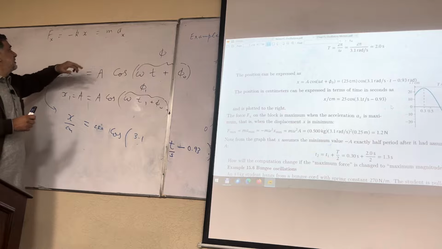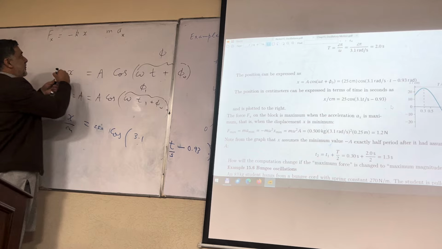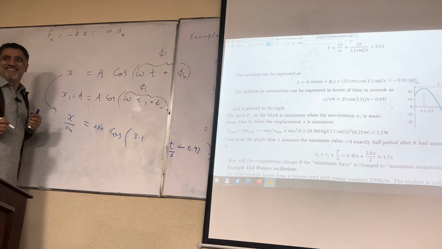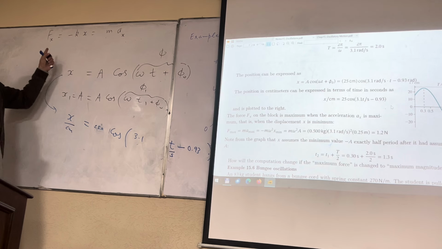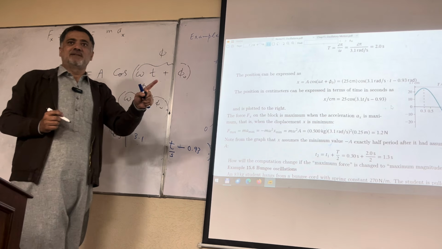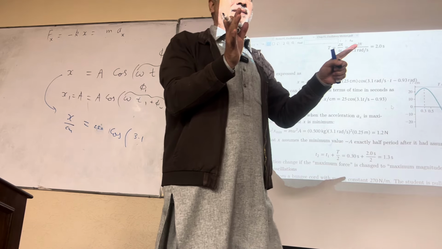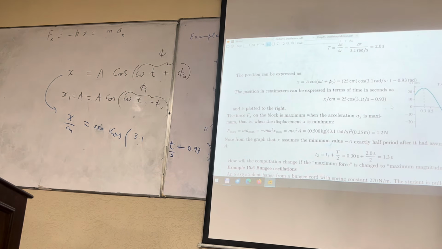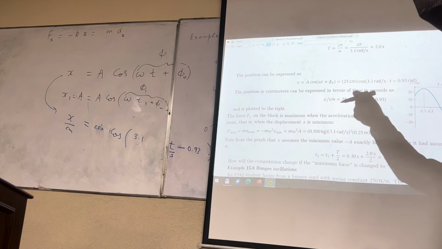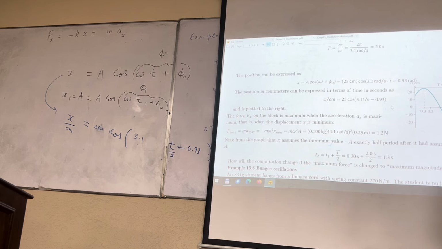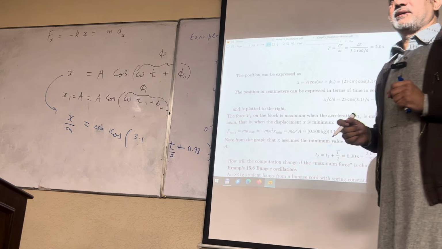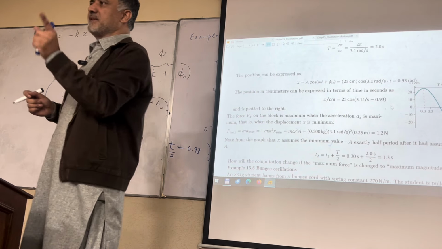And remember, I cannot have a minus sign there, because F always equals ma. There is no minus sign in that equation. The minus sign comes from Hooke's law. So do not write F equals minus ma. F is equal to minus kx, and that is then equal to ma.